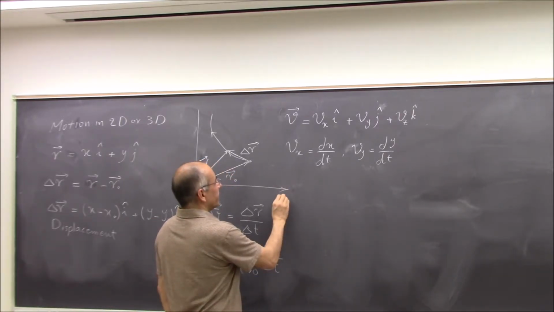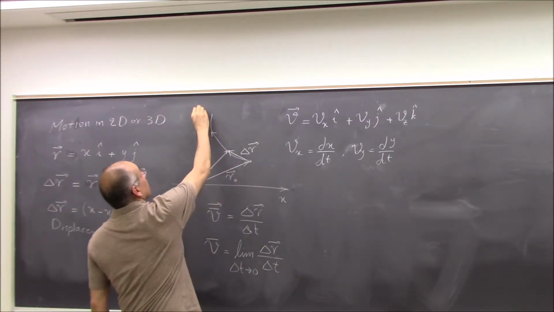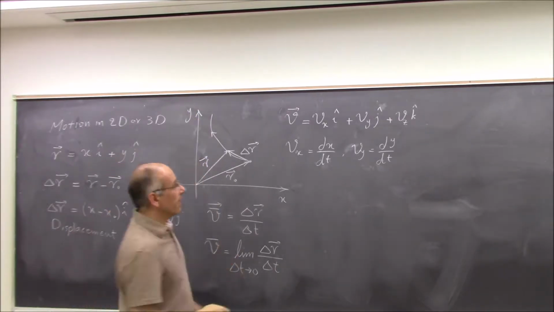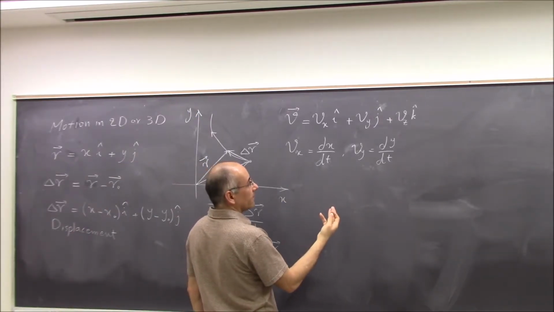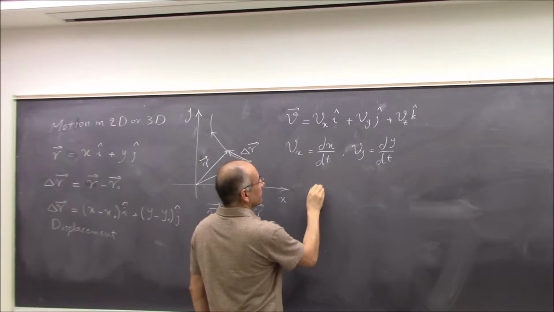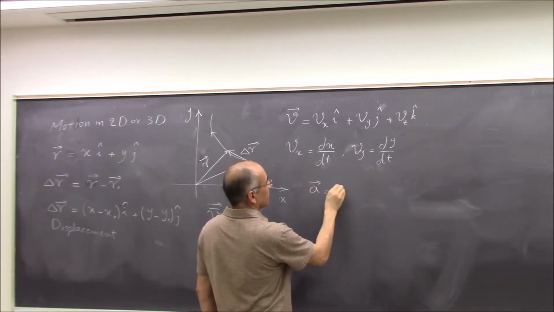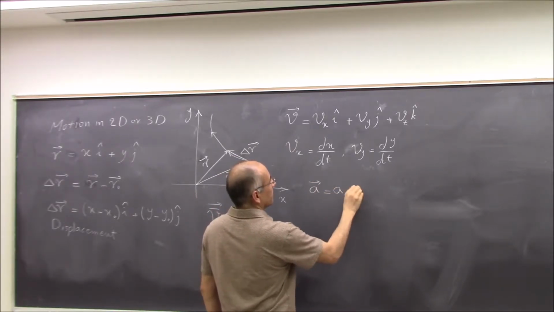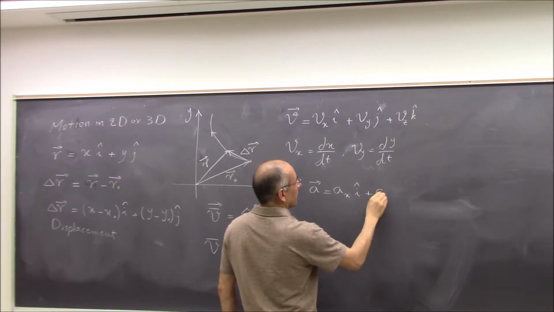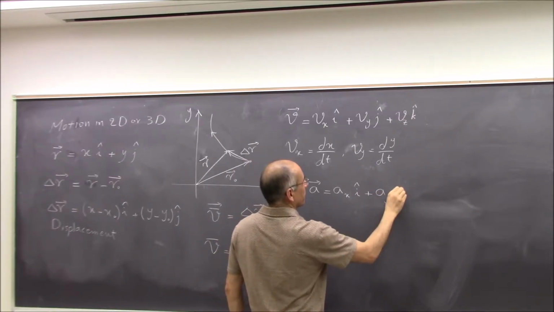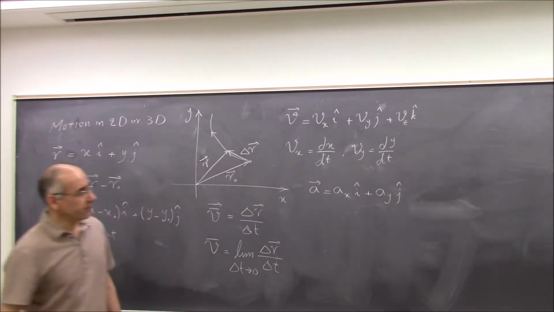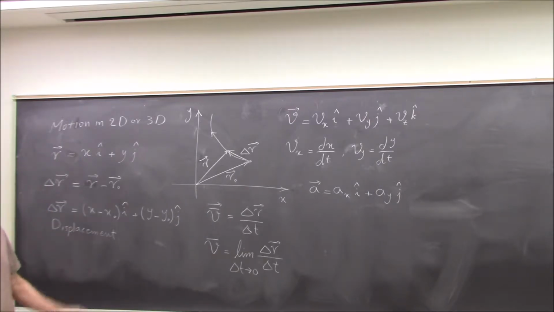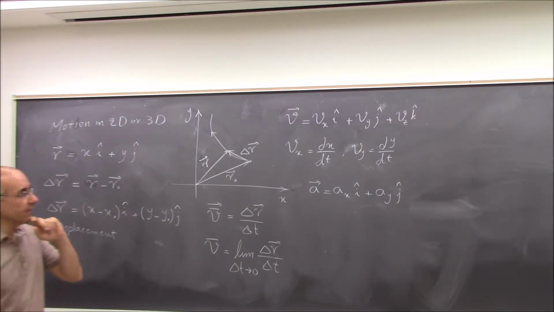In a similar fashion, we also define average acceleration and instantaneous acceleration. The acceleration also has components. I just write 2 dimensions. If you have the 3rd dimension, you can extend it easily. Just add another dimension to that.